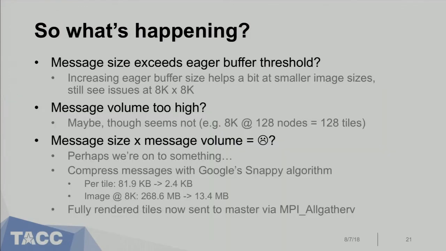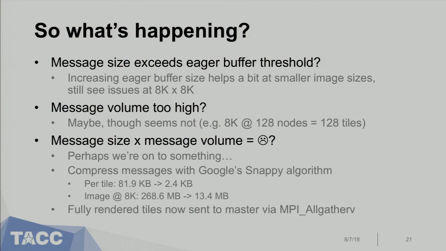So what's going on? We initially thought that it might be having to do with the eager versus rendezvous implementation of the communication, and so we set the environment variable to increase the eager buffer size just as an experiment, and it helped at smaller resolutions, but at 8K we were still seeing this behavior.